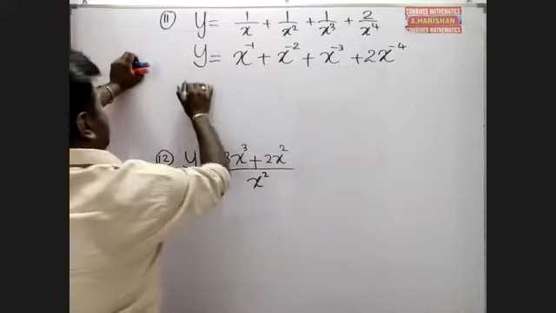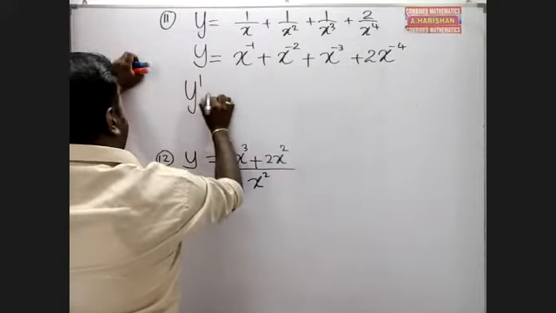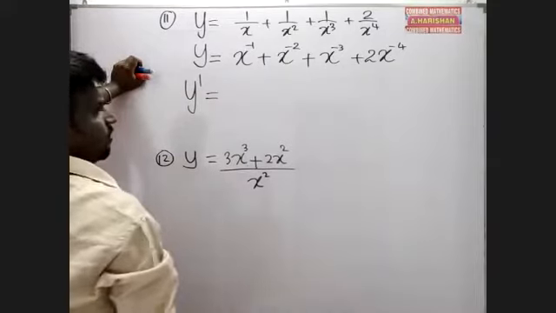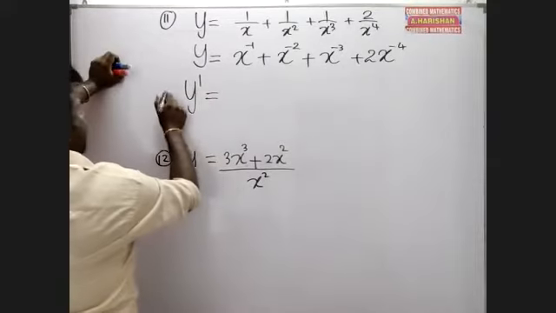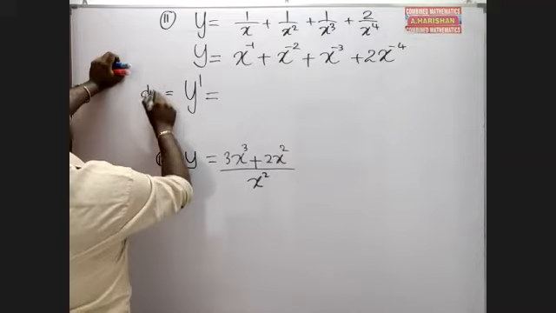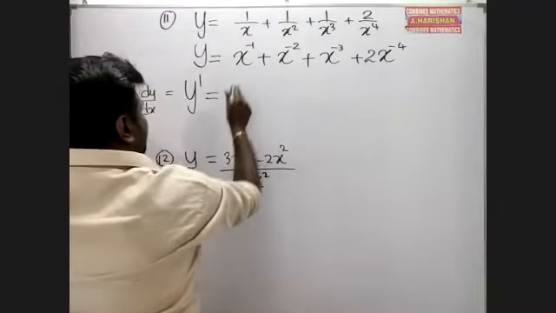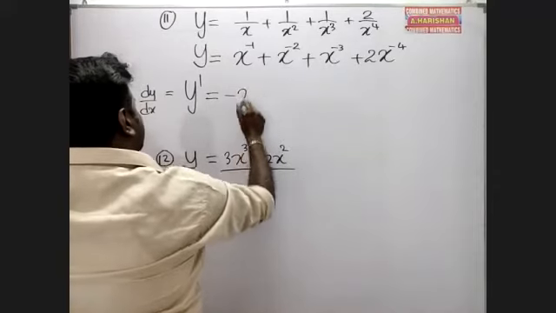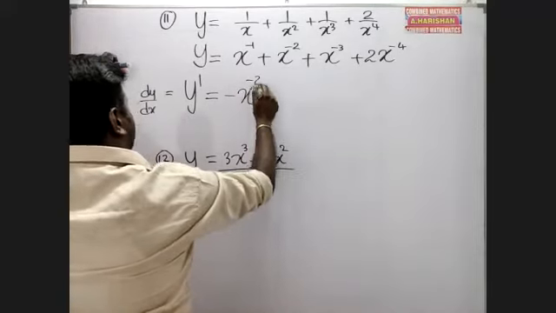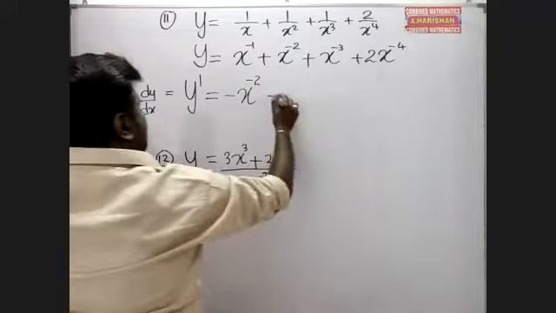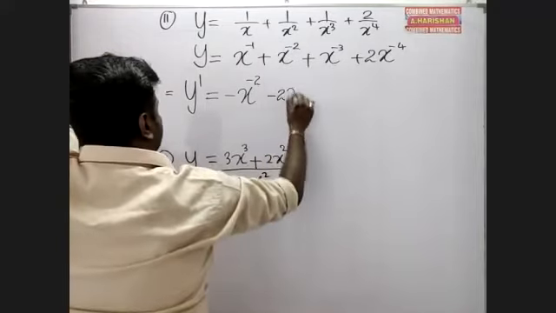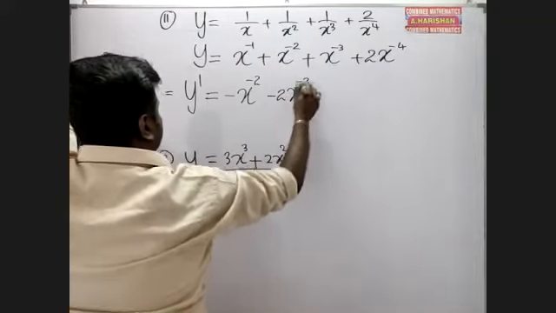Now we have to differentiate this. Y prime or dy by dx, whatever. So if you differentiate this, put the minus and subtract 1. And put this minus 2 down, subtract 1.